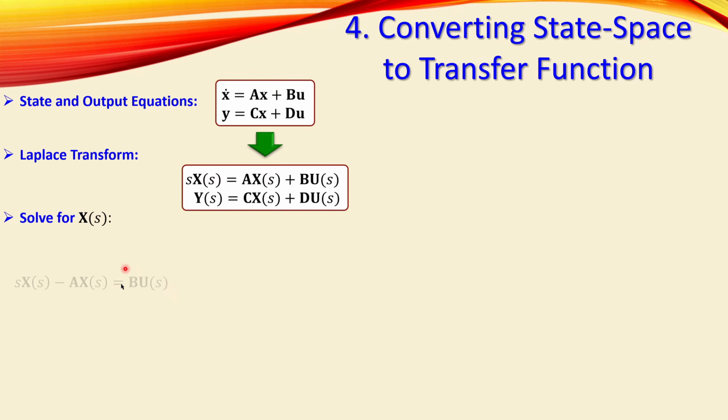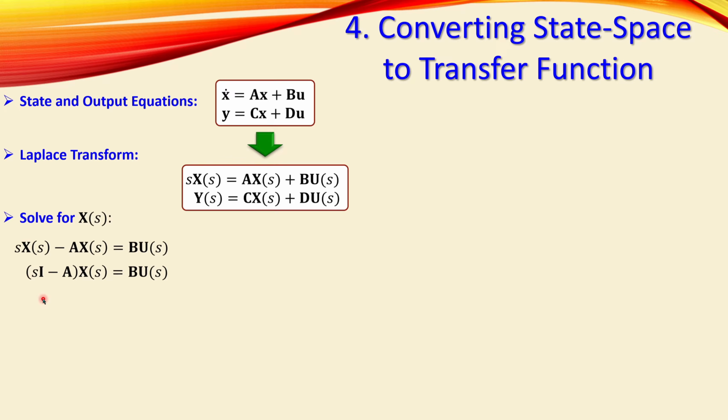Now, if I solve for x, that means moving this Ax to the left side, and we have this one. Collect them together. Of course, we work with vectors and matrices, so we cannot do s minus A, so we need to do s times I, which is our identity matrix.